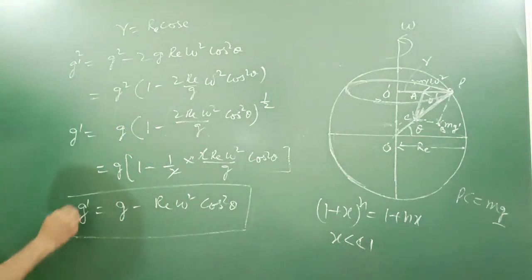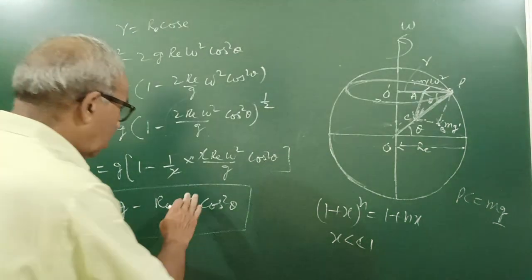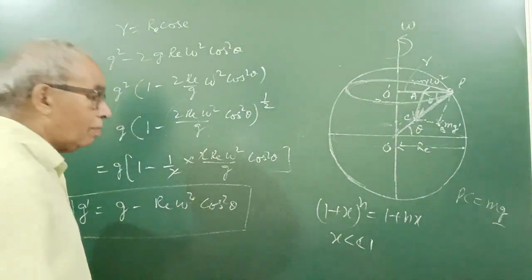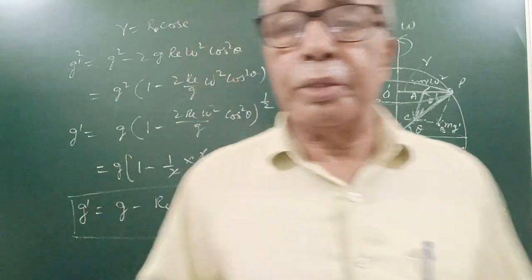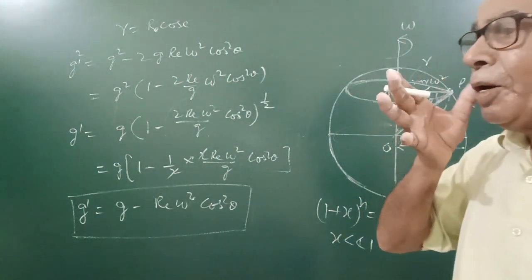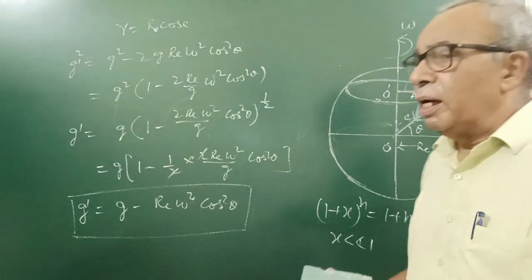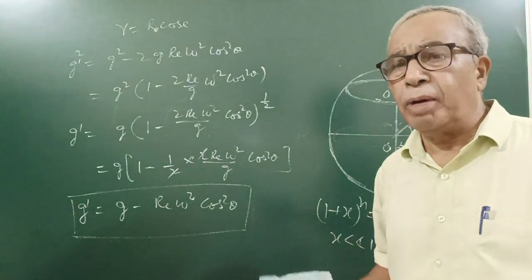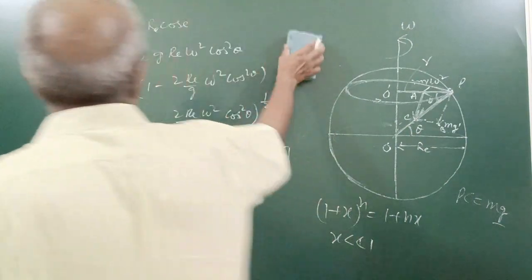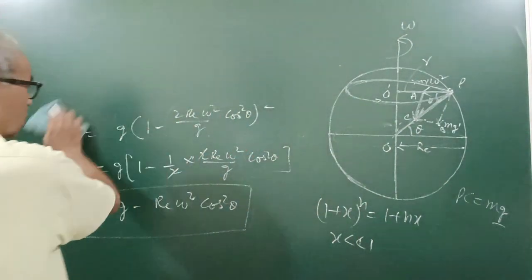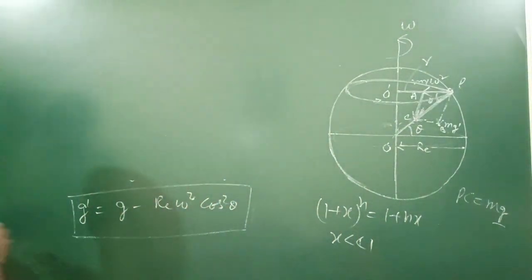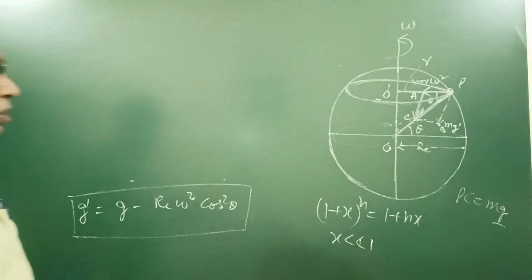Actually in books this relation is given directly, without showing where it has come from, to save space. Actually now we have become exam oriented, not marks oriented. We should learn basic things. So now I come to this fact: g dash equals g minus R e omega squared cos squared theta.